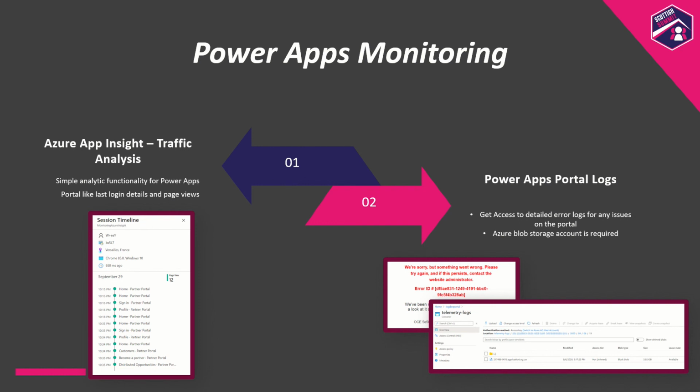Well, the first feature is also really interesting and really helpful, especially for business analysts, to identify points to improve in the portal, and to improve the user experience for sure.